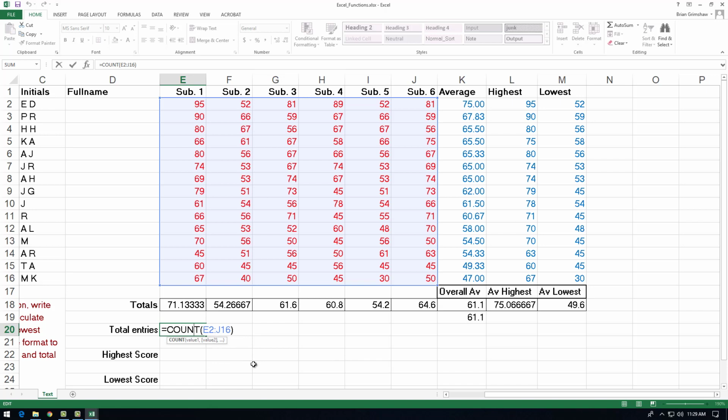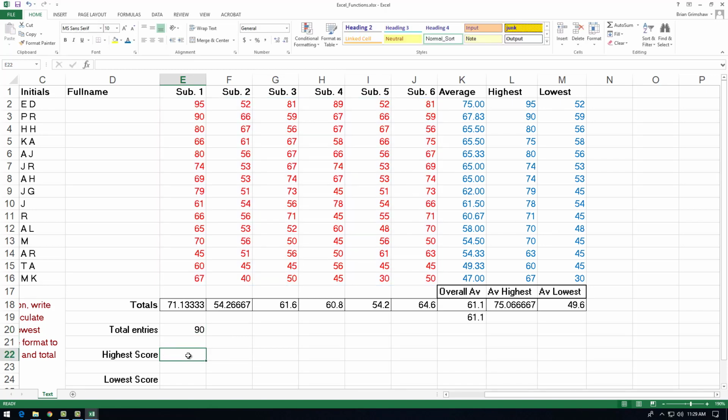And I would bet right now everybody in here is smart enough that in E22 you can write me a function that finds the highest score in the whole class. And in E24 you can write me a function that finds the lowest score in the whole class. And the highest score in the whole class is 95. And the lowest? 30.